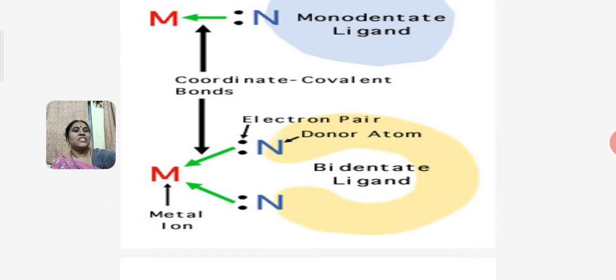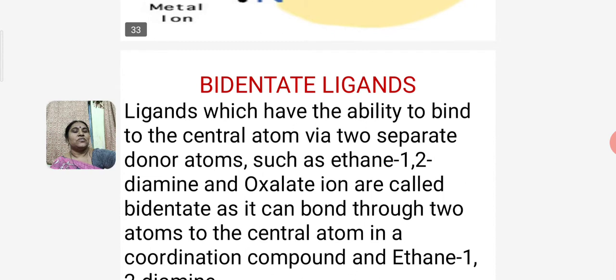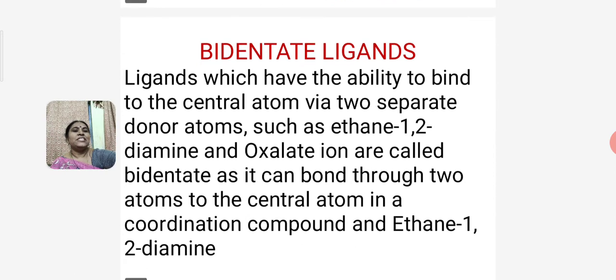So such ligands are called as bidentate ligands. So what are bidentate ligands? Ligands which have the ability to bind to the central atom through two separate donor atoms like ethane 1,2-diamine, oxalate ion, etc. are called as bidentate ligands.